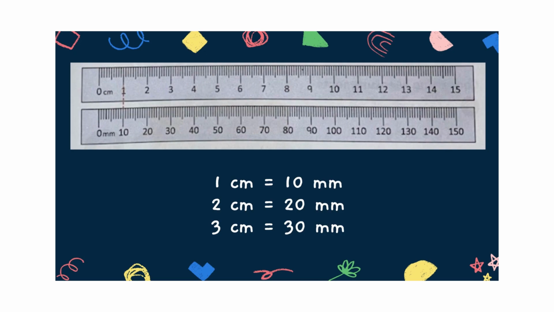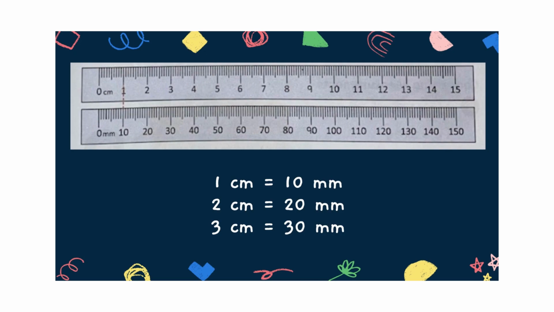So 1 centimeter is equal to 10 millimeters. If we look at 2 centimeters, at the bottom it equals 20 millimeters, as well as 3 centimeters equals 30 millimeters. So if you want to change from centimeters to millimeters, we just multiply by 10.